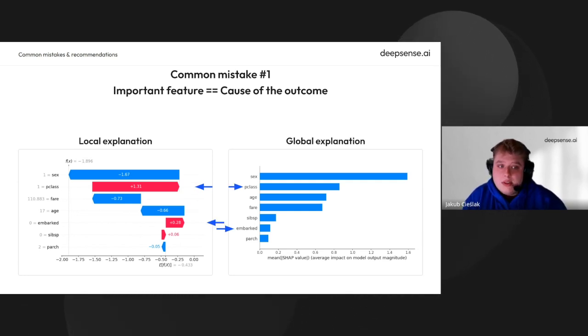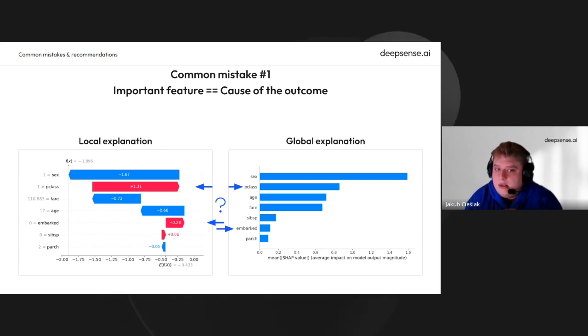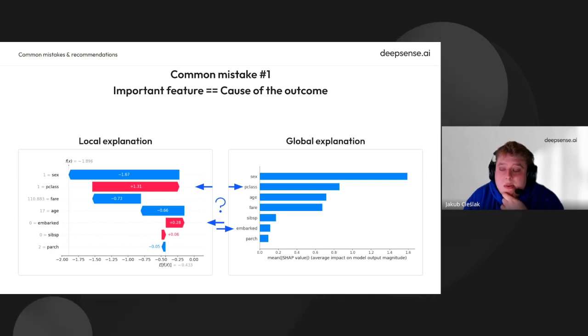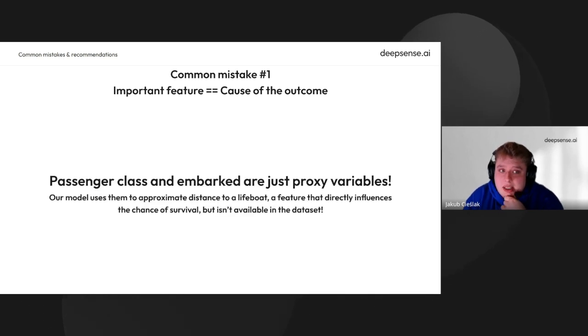It has a direct influence on probability of survival. But as we look at passenger class and embarked, so on which port someone embarked, we are struck with the question: why, just because a passenger had a better cabin or embarked on a different port, would they have a higher probability of survival? And since this dataset was studied extensively, we know the real cause. The passenger class and embarked are just proxy variables.